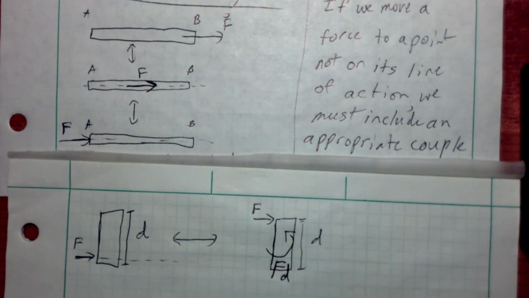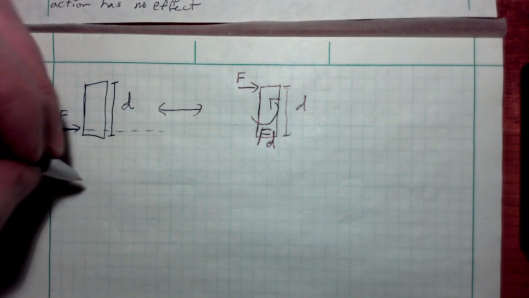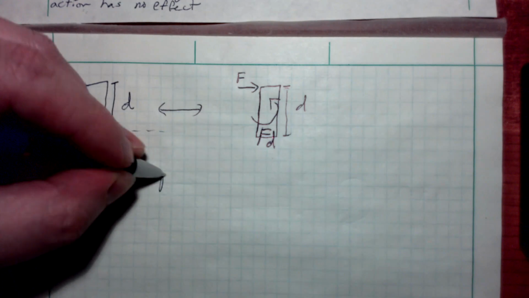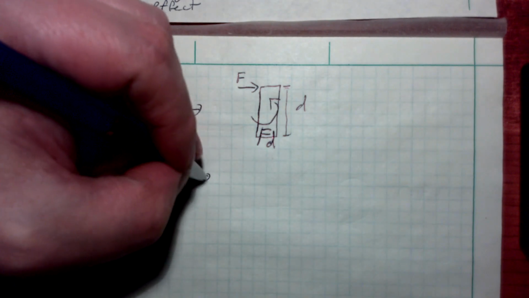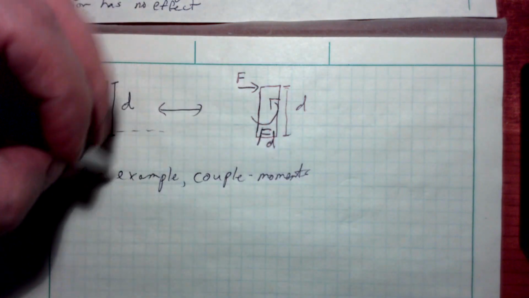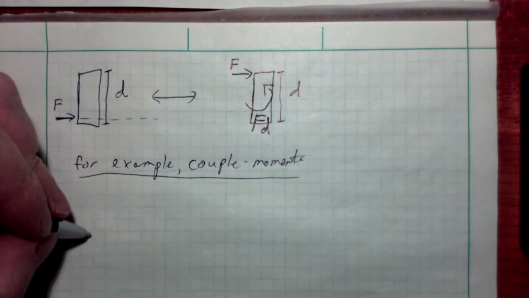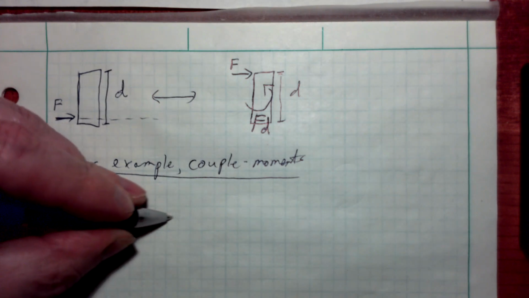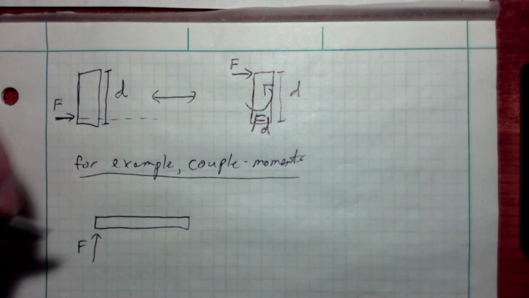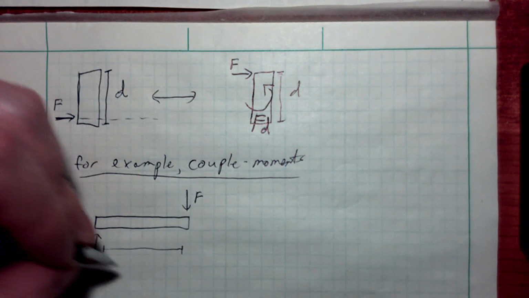We've just mentioned this concept of the couple moment itself, so for example, if we look at couple moments, that's a good demonstration of something we just talked about. If I've got some object like this, I've got force F here and force F there, and they are separated by some perpendicular distance d.